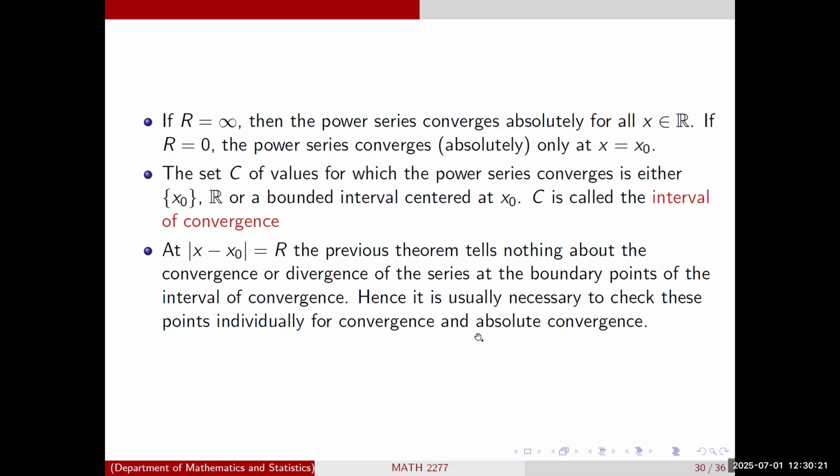So when you're given a power series, after you figure out what r is, the radius of convergence, you will then write down the interval of convergence. But what about the endpoints of this interval? You need to check those endpoints individually.